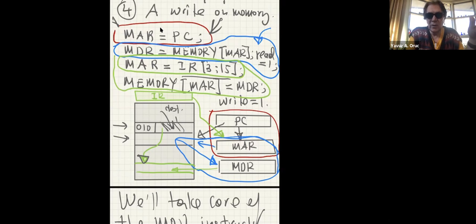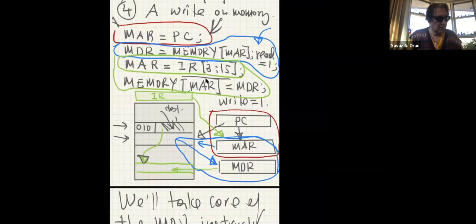Now that I put it into MDR, I want to put it back into memory. Why? Because there's an address to which it must go. Where is the address? It's in the IR. I must copy it from the IR into MAR. Now that I got the address and I got the data in my MDR, I push it. So one is read, one is write, right?